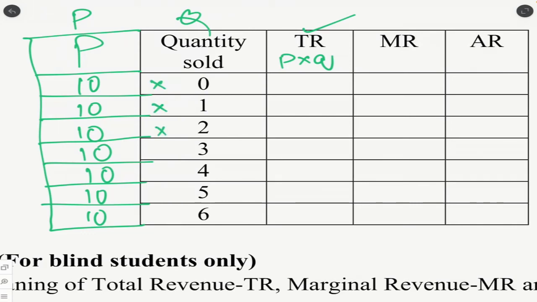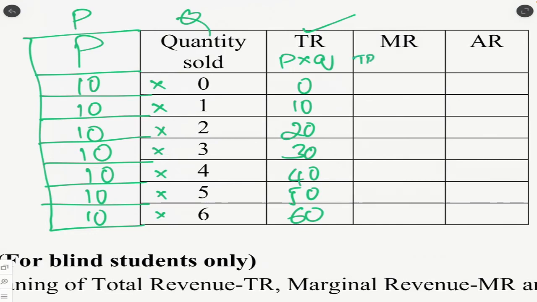So 10 into 0, 10 into 1, 10 into 2, 10 into 3, 10 into 4, 10 into 5 and 10 into 6. So 10 into 0 is 0, 10 into 1 is 10, 10 into 2 is 20, 10 into 3 is 30, 10 into 4 is 40, 10 into 5 is 50 and 10 into 6 is equal to 60. Very simple multiplication, as simple as that.